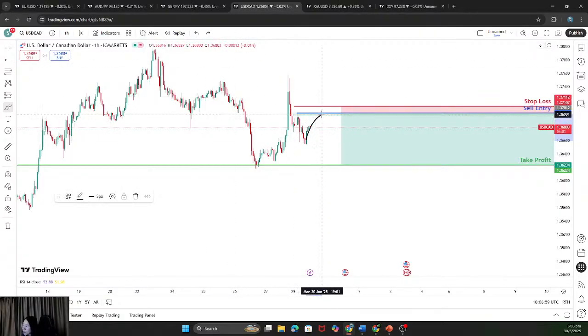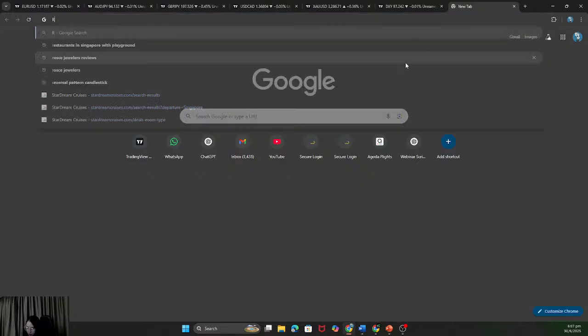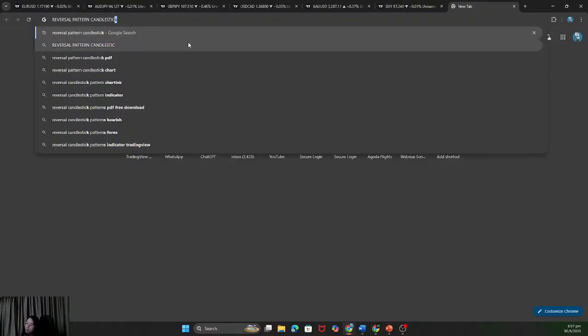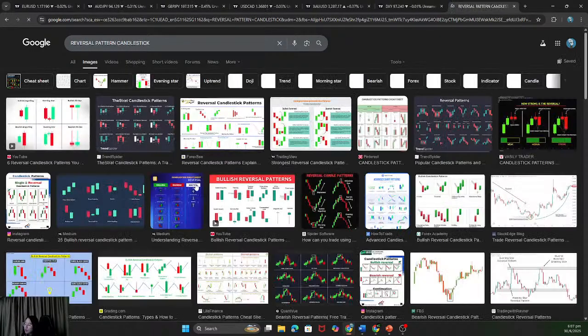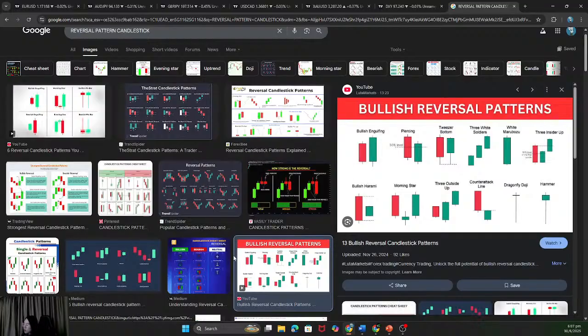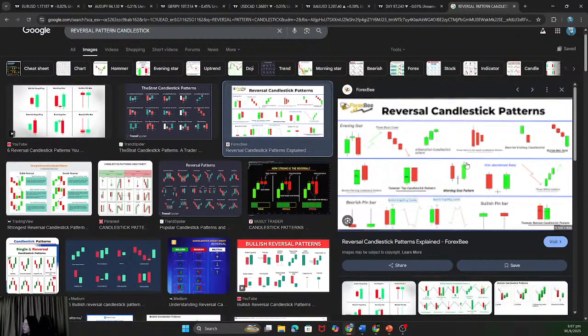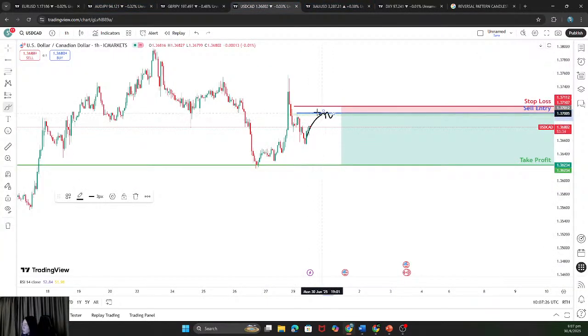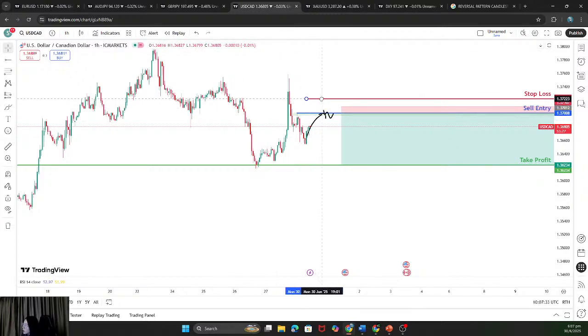I can foresee price pulling back here. Is it going to continue from here? I don't know. But if I see rejection happening, meaning if I see a reversal pattern candlestick, and I go to USD CAD and it suddenly appears here, I will be okay to enter for a sell.